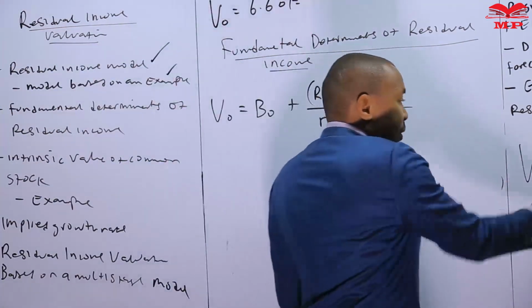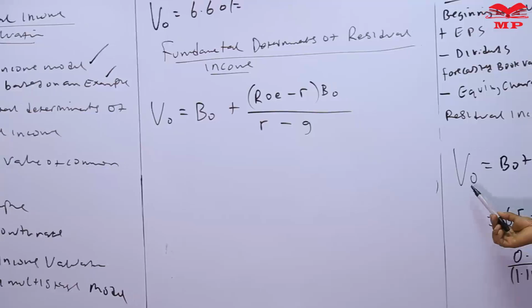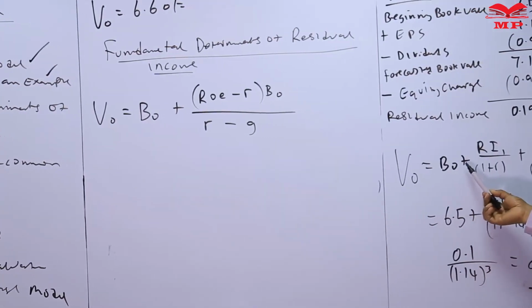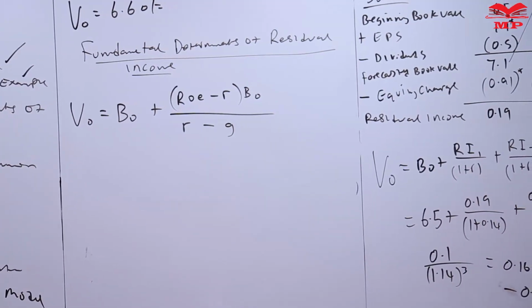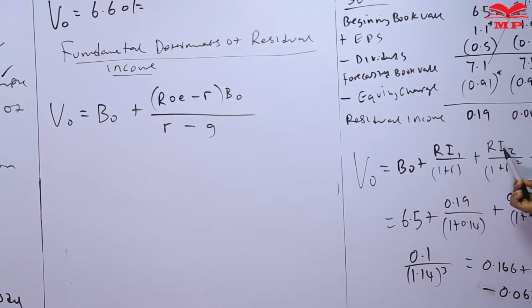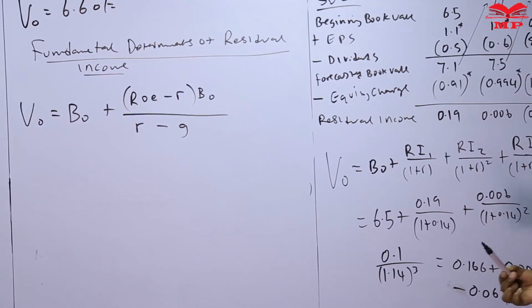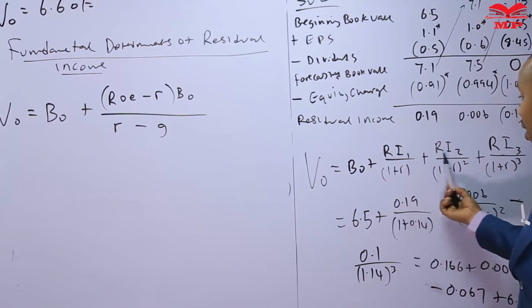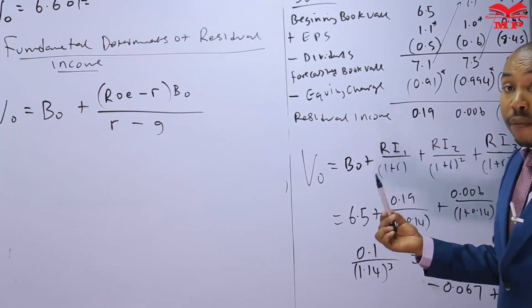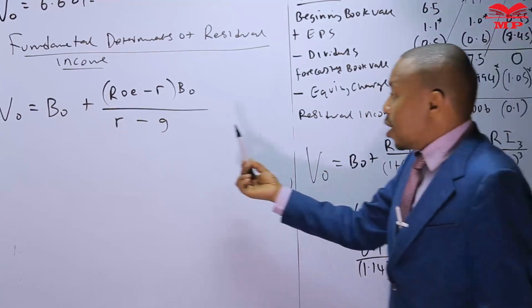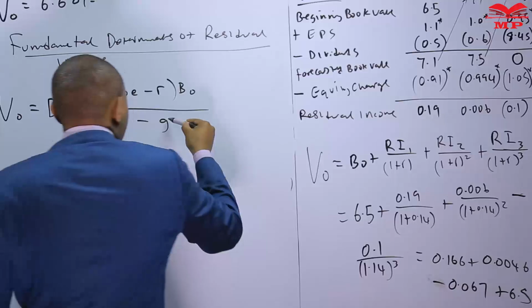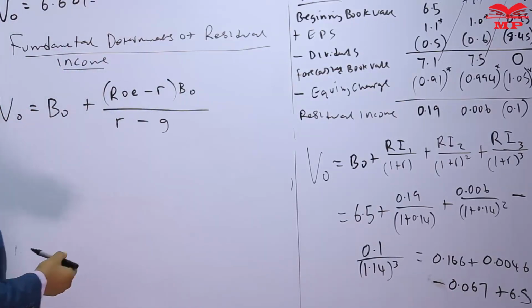Looking at this formula, the value is given as the beginning book value plus the present value of future residual income, so RI1, RI2, RI3. But now the residual income will have a growth factor, so the growth rate is what we factor into this equation.